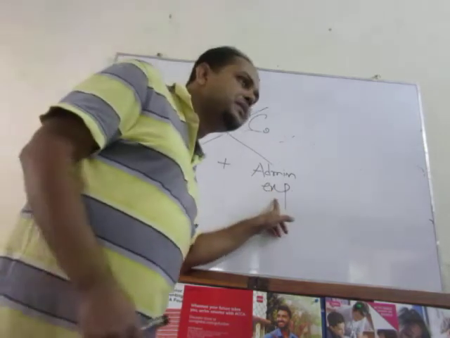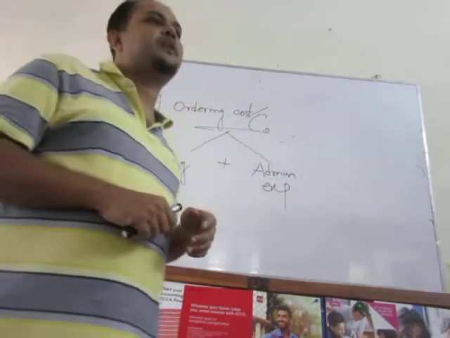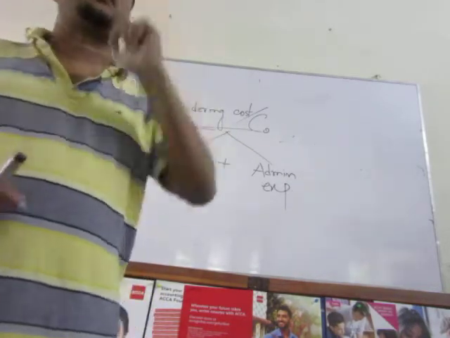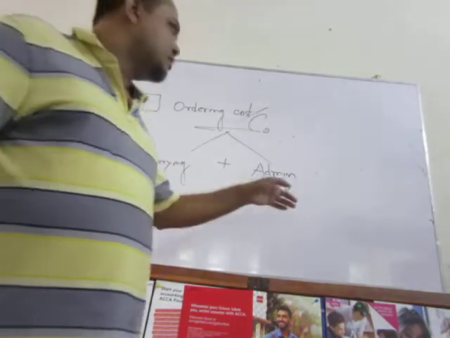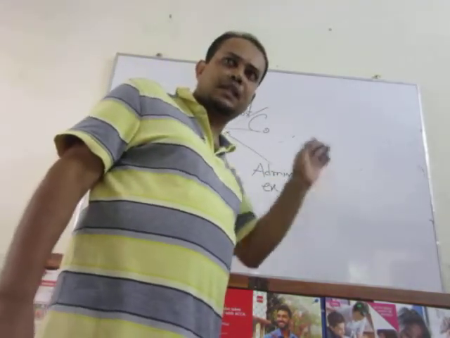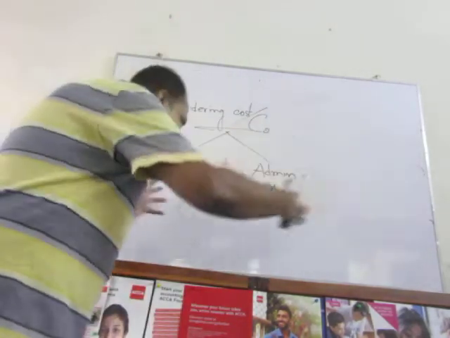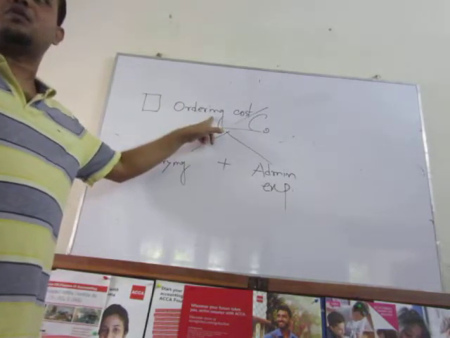So administrative expense means the time used by the procurement or purchase department to purchase each individual order from an individual supplier. The time is a kind of expense. Clear? So when you combine these two kinds of expense, as a whole you have the stock ordering cost.